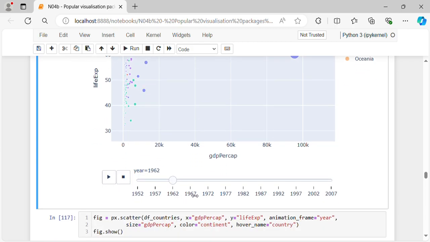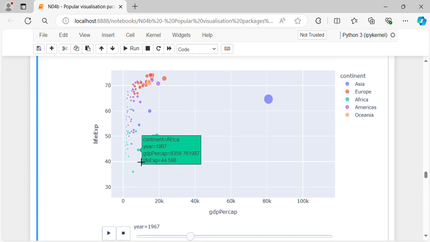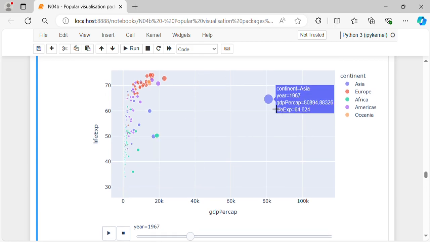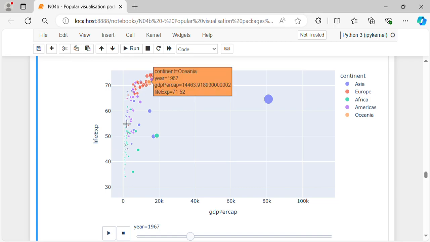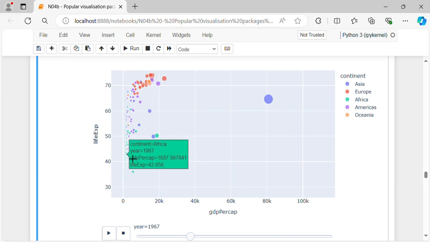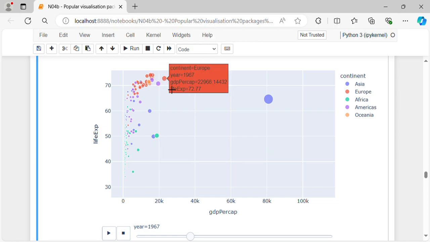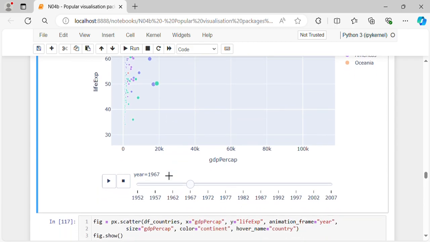Let's look at 1967. We can see the GDP, the Asian country which had highest GDP is now decreased, and the life expectancy is a bit higher. But for Europe, it's still higher, and for Africa, the life expectancy is increasing. And for Europe, the GDP is increasing as well, slowly.